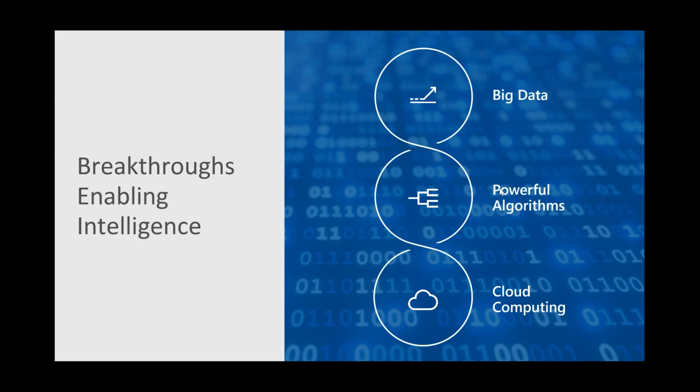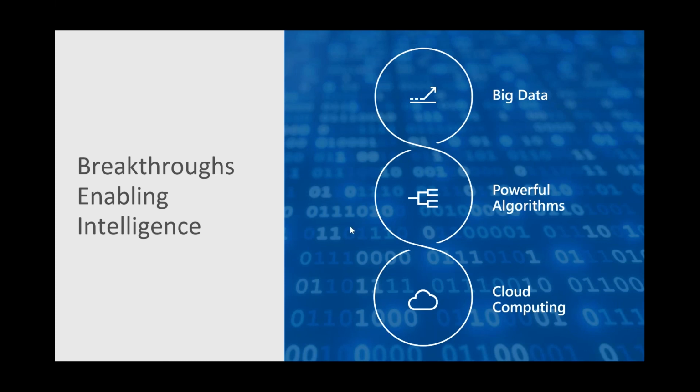And from an accuracy perspective, the Microsoft APIs, especially speech and vision, have achieved 95% accuracy, which is the highest in the industry. So the algorithms have gotten really powerful and really accurate. And because of the cloud computing platform, you can ingest all of the data that's getting generated and build on top of this.